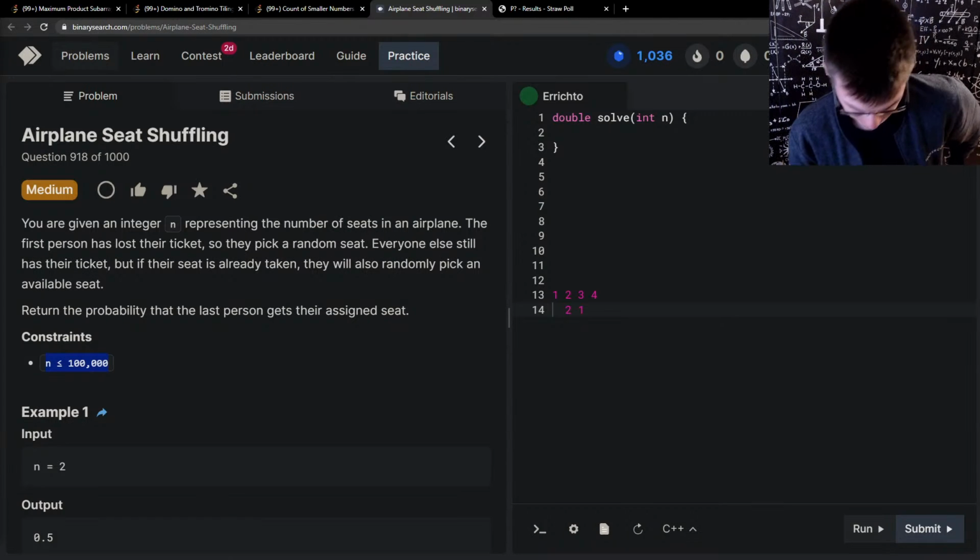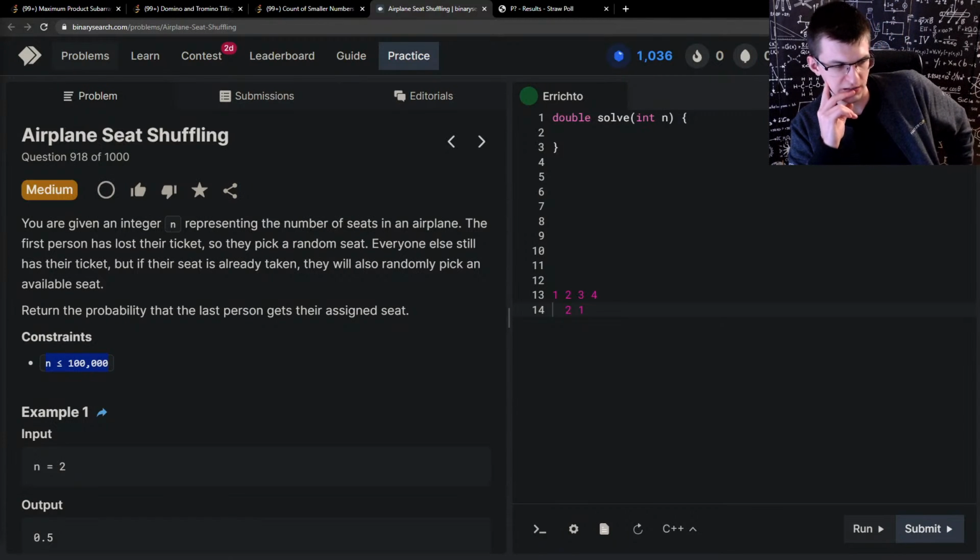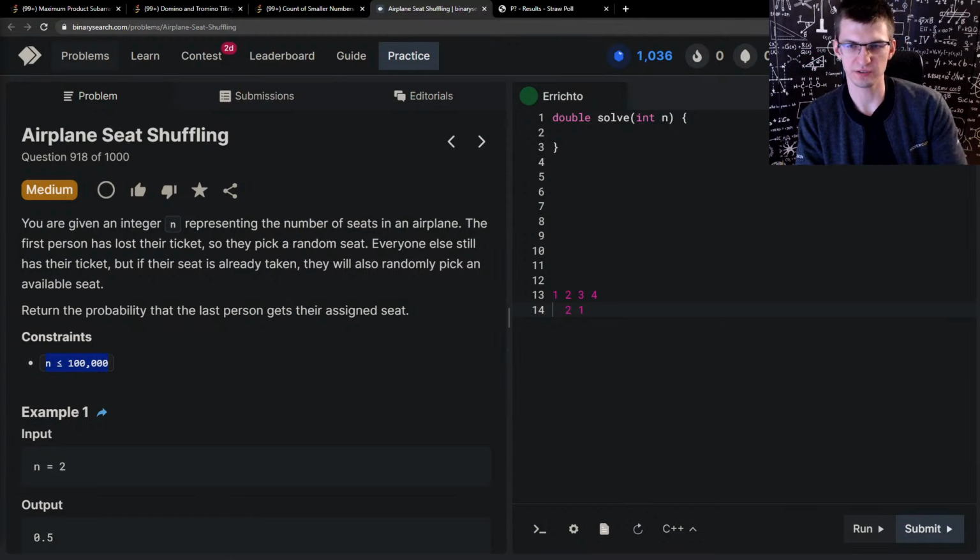In this problem, it's not that we count permutations or anything like that. We have a more complicated process. For every new element, this is the process. The first number is random. Then for the next number, it's 2 if 2 is available, and otherwise a random number.